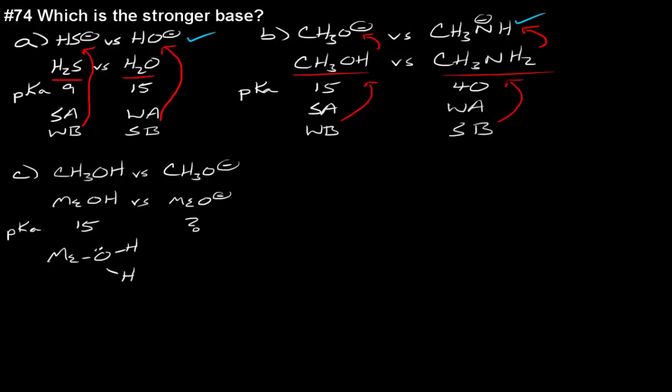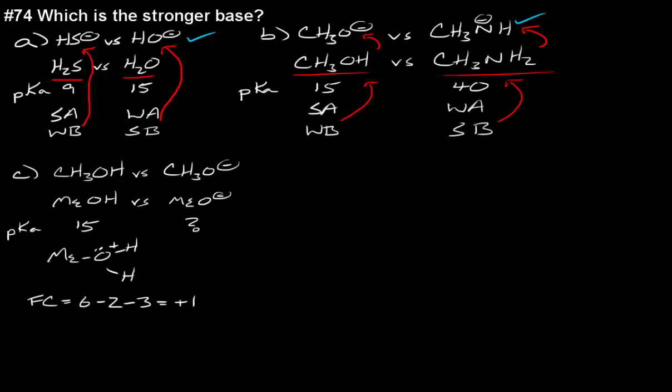So the formal charge on that oxygen is going to be 6 minus 2 lone pairs minus 1, 2, 3 formal bonds, and that's going to equal plus 1.